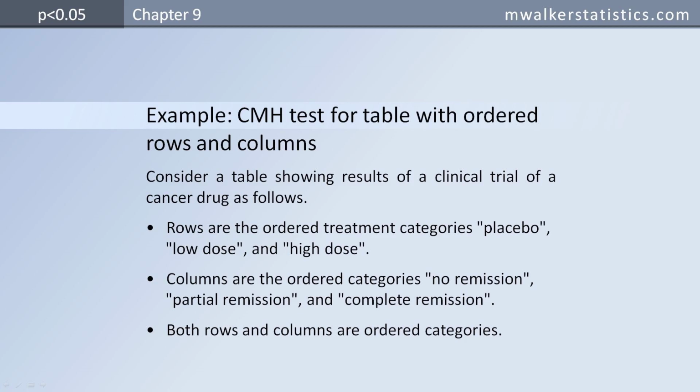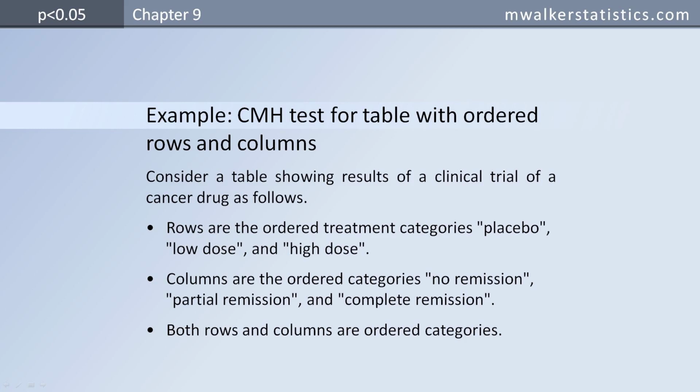Example: CMH test for table with ordered rows and columns. Consider a table showing results of a clinical trial of a cancer drug as follows. Rows are the ordered treatment categories placebo, low dose, and high dose. Columns are the ordered categories no remission, partial remission, and complete remission.